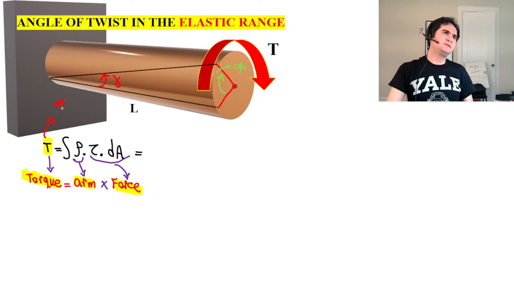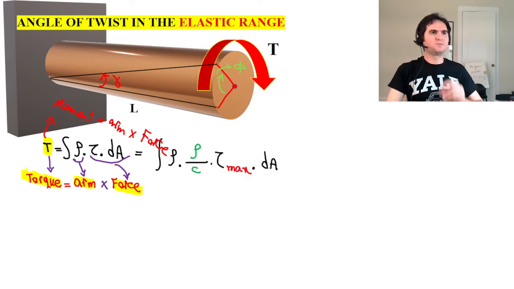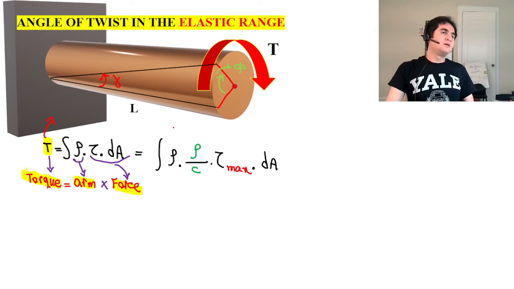Any moment is an arm times a force, where rho stands for our arm, and tau dA, the shear times the element, gives us the force. So we write the equation based on the equation we just calculated in previous slides.